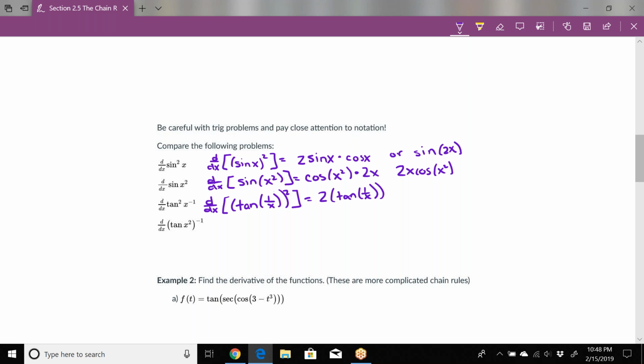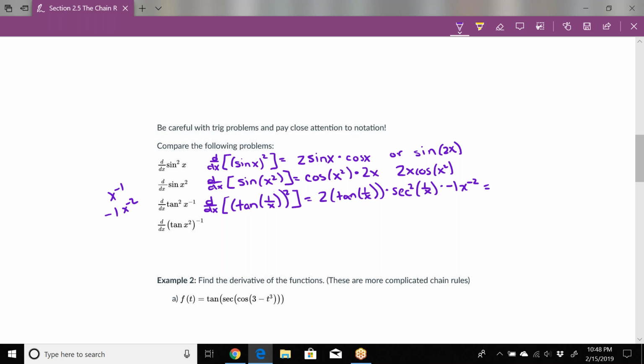Then we need to tack on the chain for the tangent part, so that's going to be secant squared of 1 over x. But then we also need to times that by the derivative of the inside there, which is, remember, x to the -1, so that's going to be -1 times x to the -2.